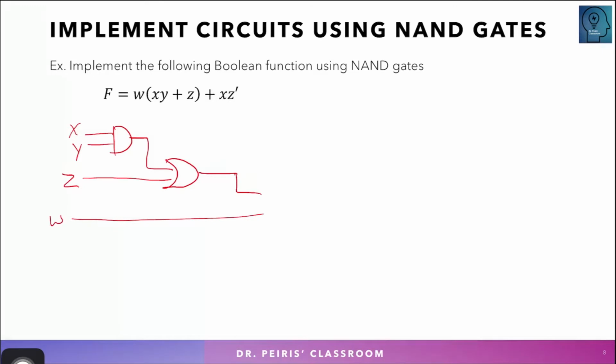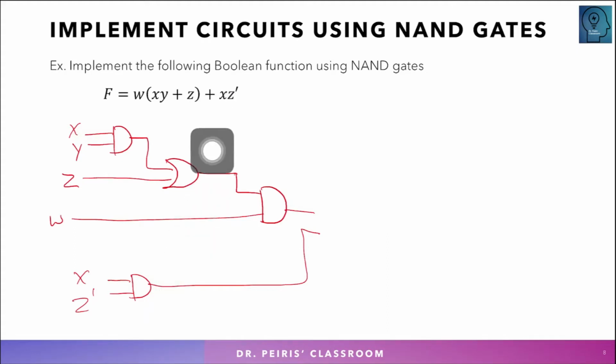Here is W, so it goes through an AND gate. So the first term is done, and then we need XZ prime. XZ prime is an AND gate, and these two go into an OR gate. This is the function, using AND and OR.